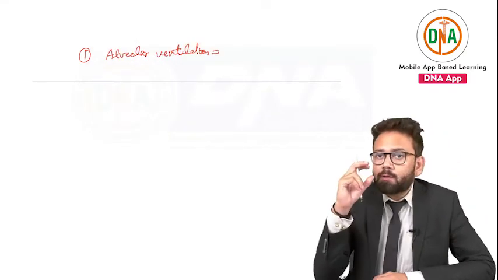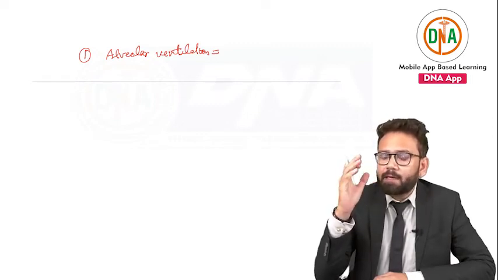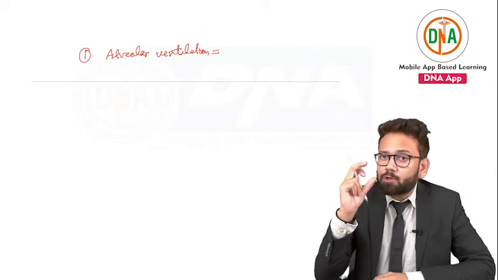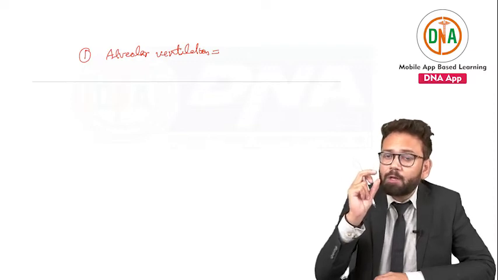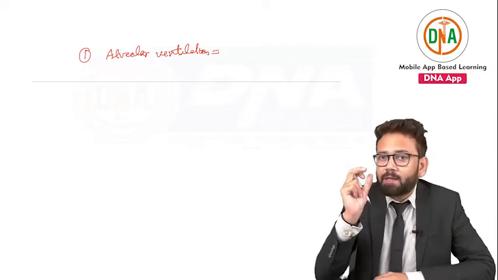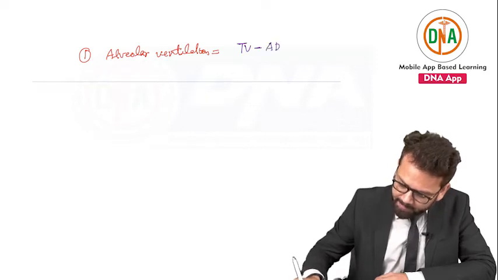As we know, there is anatomical dead space which is not taking part in gaseous exchange. So it is not that amount of air which is participating. If you want to calculate the amount of alveolar ventilation, you have to subtract the anatomical dead space from tidal volume. So that will be tidal volume minus anatomical dead space into rate of respiration.